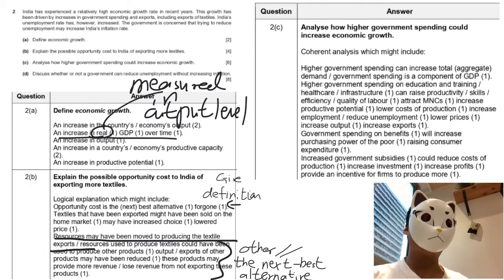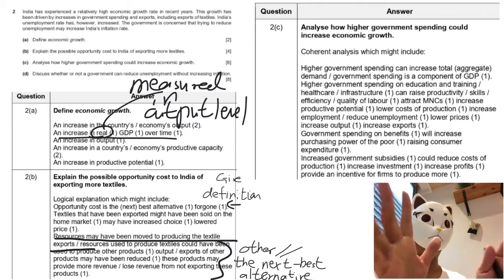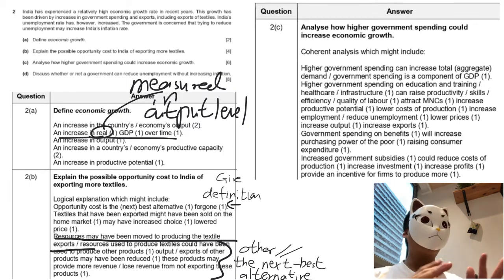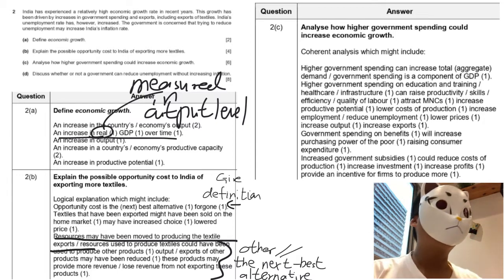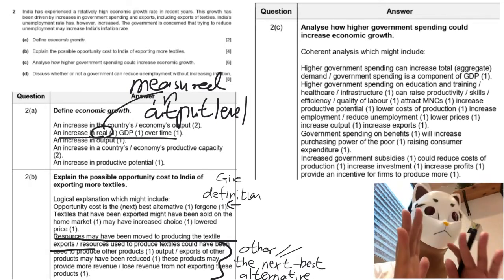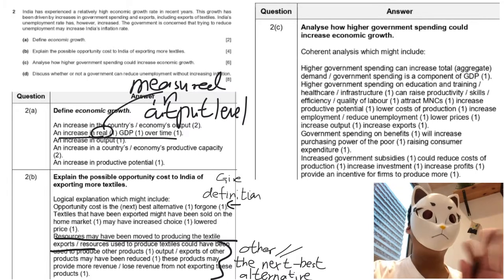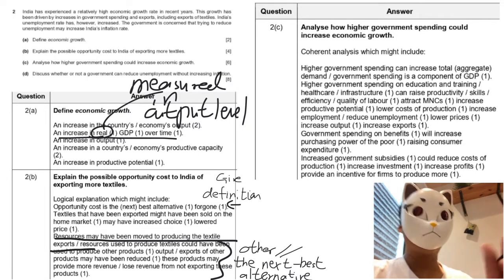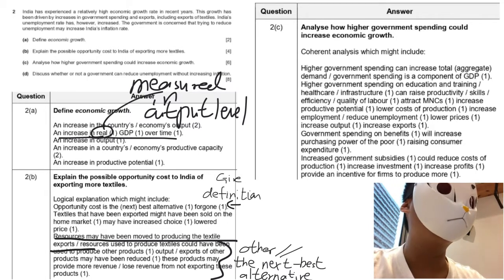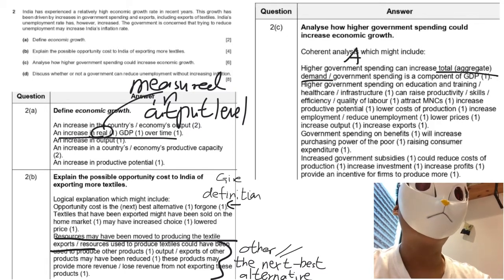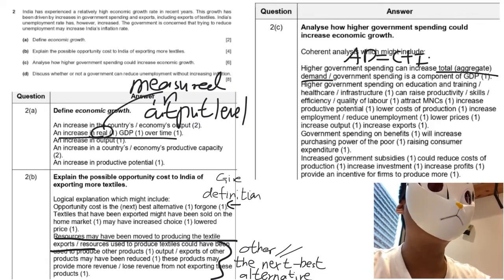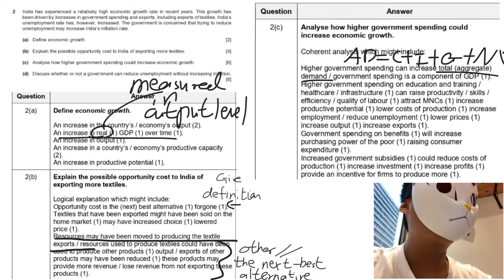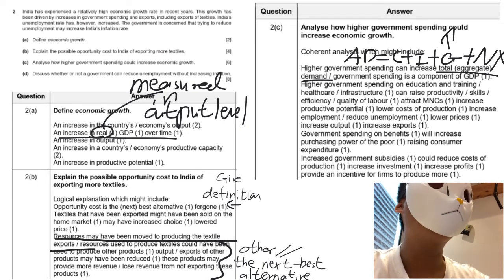Not that difficult. So now we'll move on to part C. It argues whether higher government spending, an increase in government expenditure, would increase economic growth. First of all, students usually argue AD equals C+I+G+NX, so the increase in G would bring about an increase in AD.